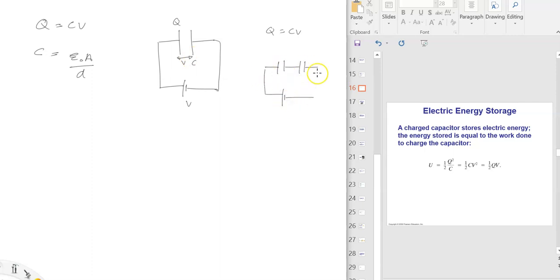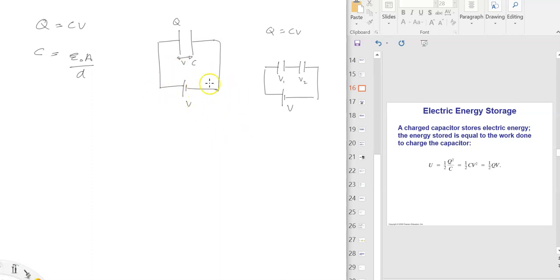Remember, we talked about this: the sum of the voltages becomes the battery voltage. But if it is just one capacitor, the entire battery voltage will eventually appear across it, and then we say that it's fully charged. It will stop accumulating further charges. So at that point, we have a charged capacitor.